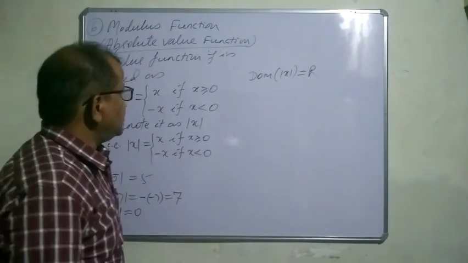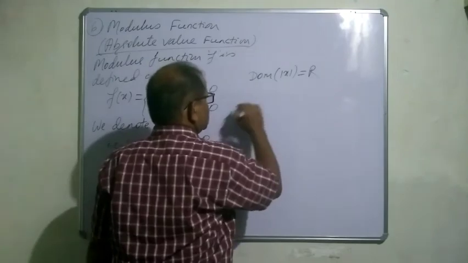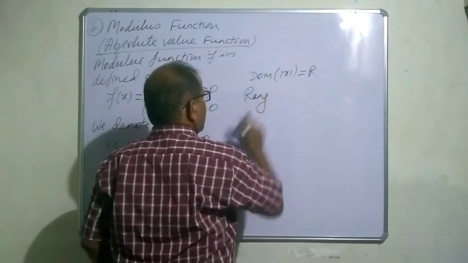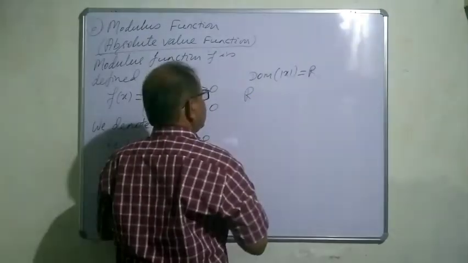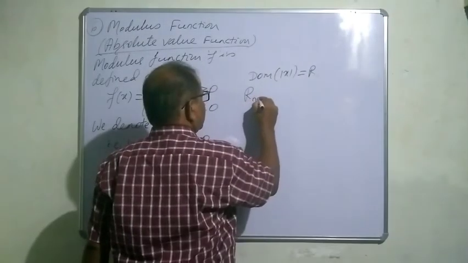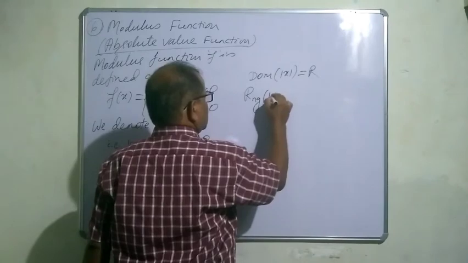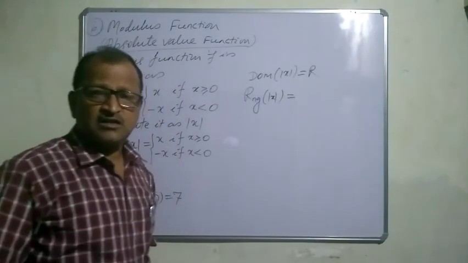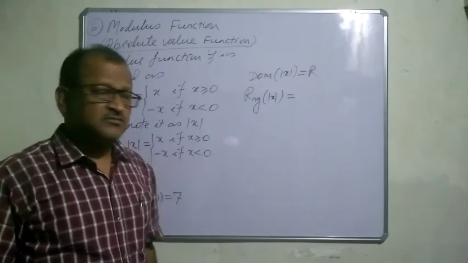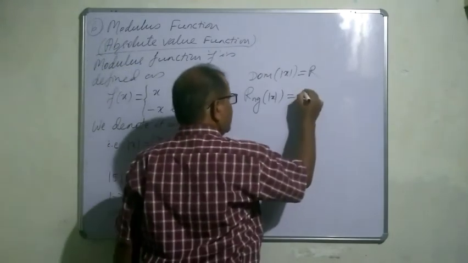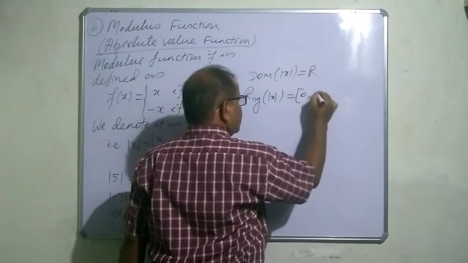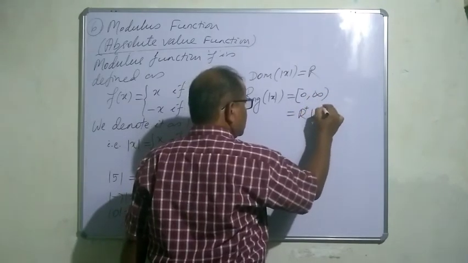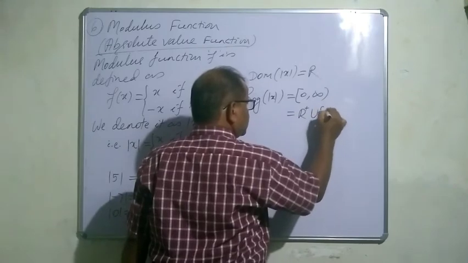Okay, now what is the range? Range of the modulus function of x. The range of this function will be what? It is only non-negative real numbers, that is R plus union 0.